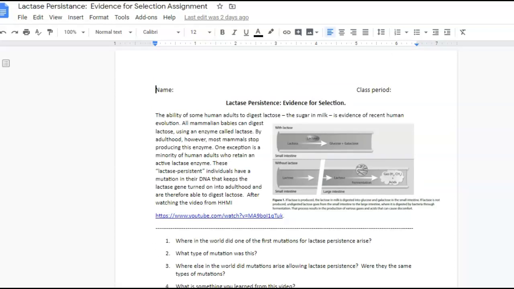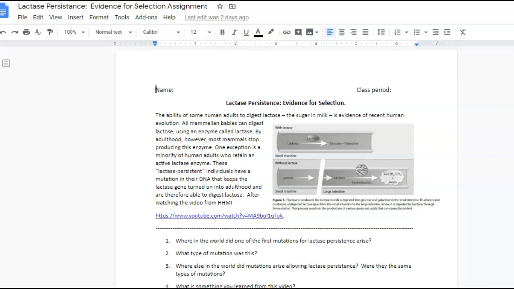So these are some really important skills for the AP exam and for life, how you analyze diagrams. So we're reviewing evolution, we're doing something that's interesting, and we're reviewing for the AP exam. So this assignment will be due next week.